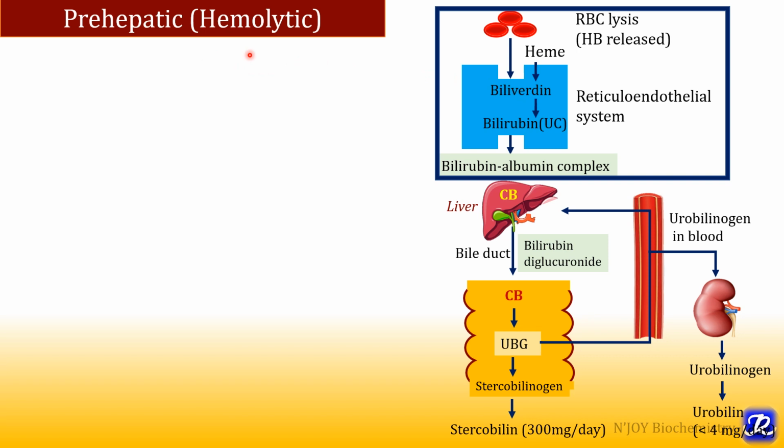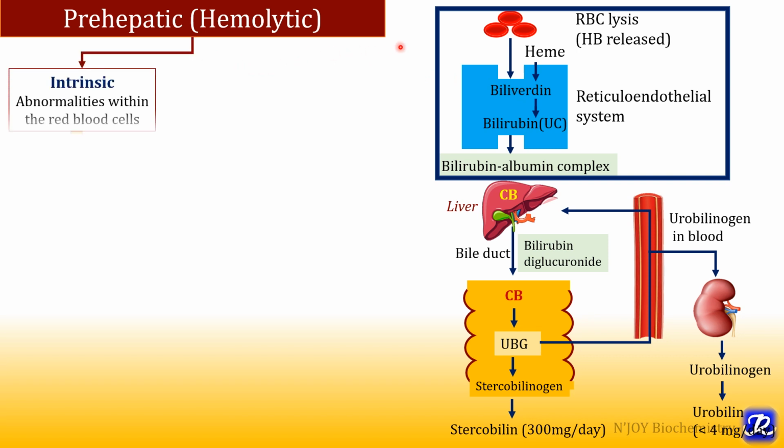Now, what are the causes of this hemolytic jaundice? The causes can be intrinsic, when there are abnormalities within the red blood cell, like hemoglobinopathies such as thalassemia, sickle cell anemia, hereditary spherocytosis, or in case of G6PD deficiency. So there is an intrinsic abnormality within the red blood cell.